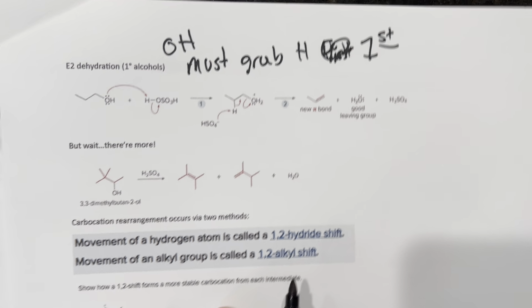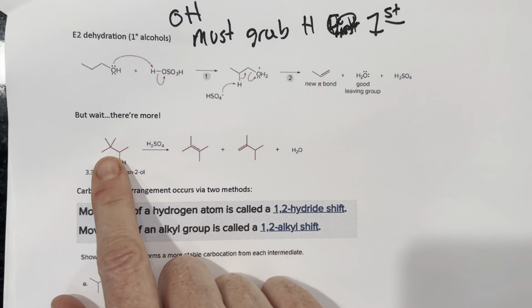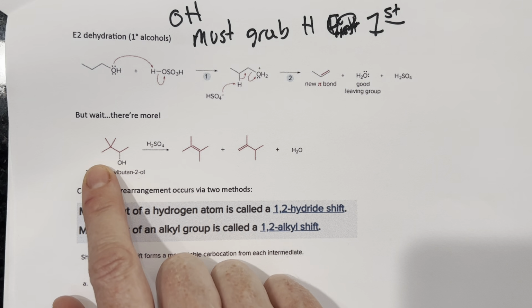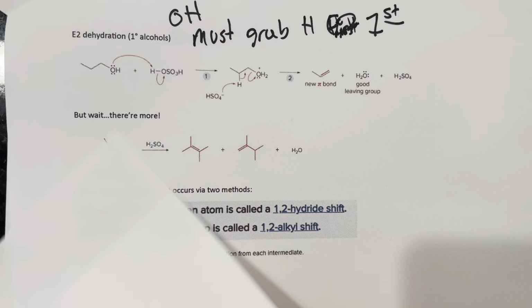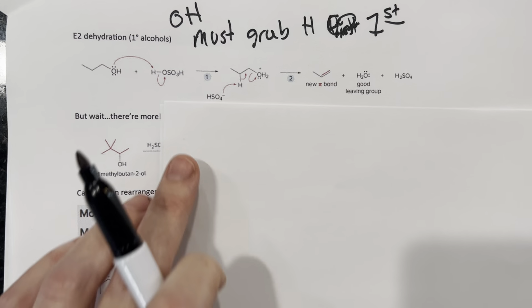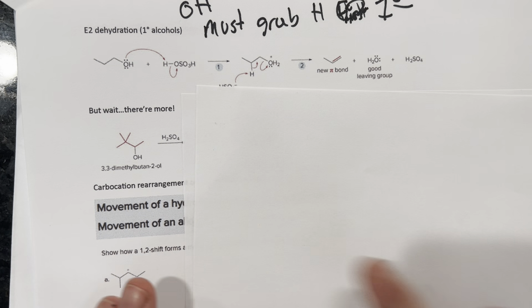All right, but wait, there's more. Okay, let's take a look at this one. If we are going to draw this reaction without looking at the products, we would say, okay, cool.